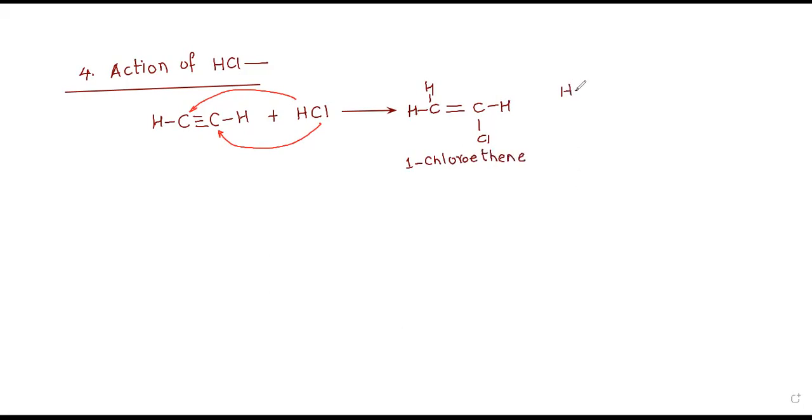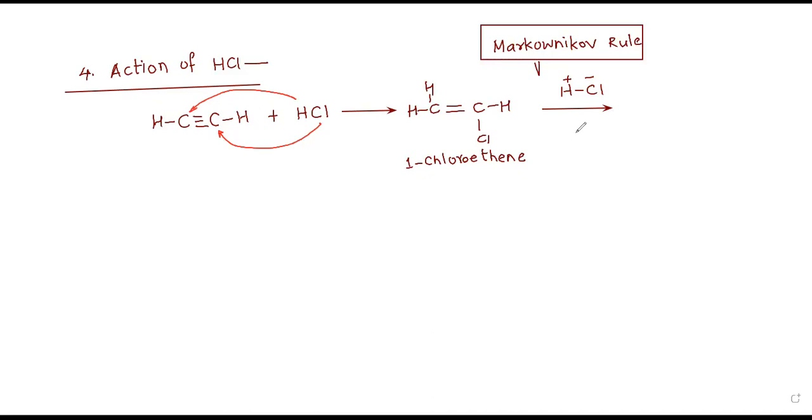Now I try to add a second molecule of HCl, where plus and minus are present. We have to now make use of Markovnikov rule. Markovnikov rule tells us that the negative part of the reagent adds to the carbon with lesser number of hydrogen.